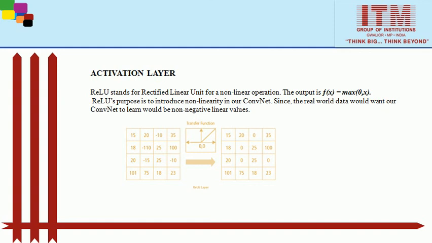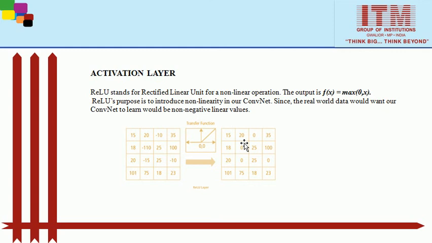The full form of ReLU is rectified linear unit. It is a non-linear operation, and it introduces non-linearity in our convolutional network because the real world data we want our convolutional network to learn would be non-negative linear values. You know what is the meaning of linear operation?